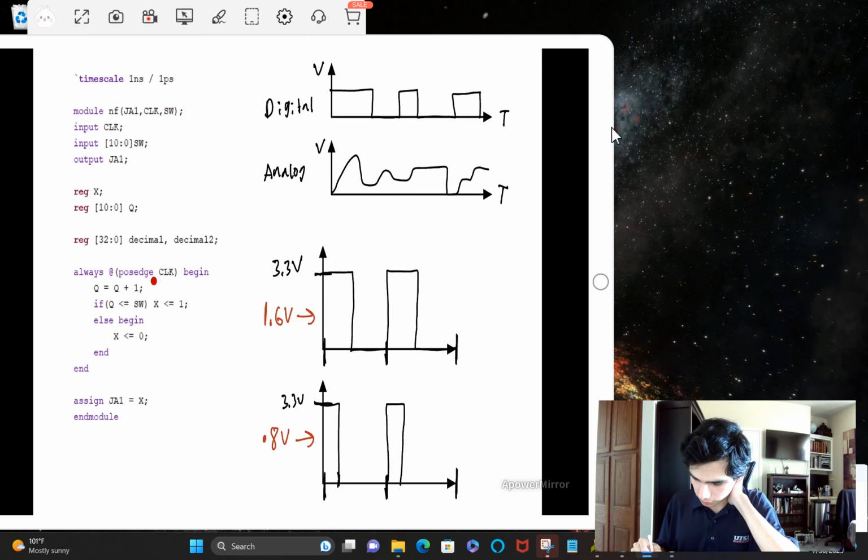So what I have here is a counter where Q is a register that is going to be incremented up.